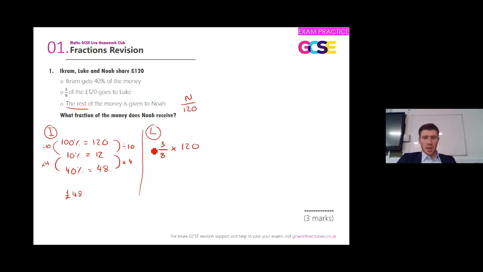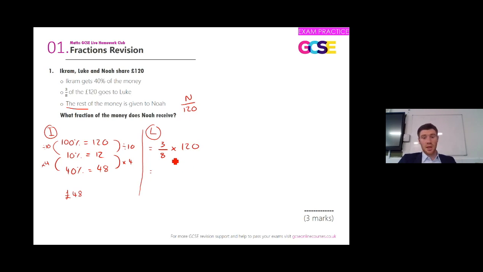In this particular question, it could be a calculator question. It could also not be. There's several ways of doing this. For me, 120 divided by 8. You could do 120 divided by 4, and then 1/8 would be half of that again.